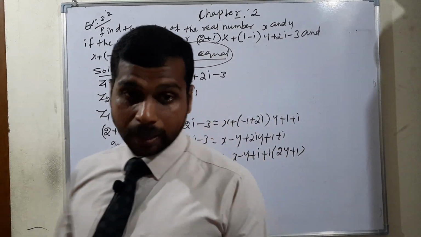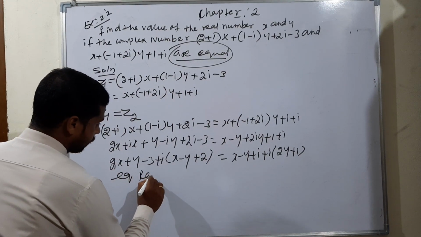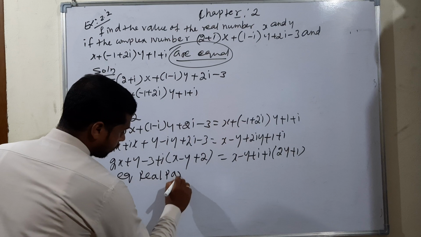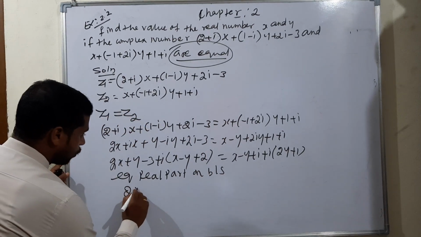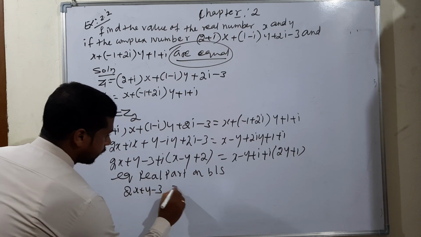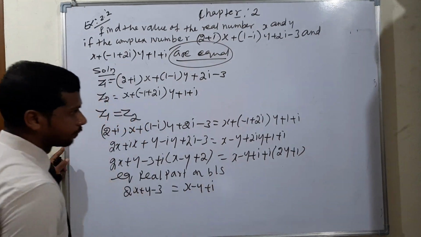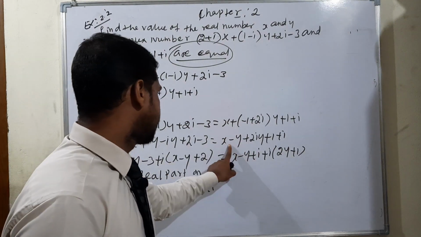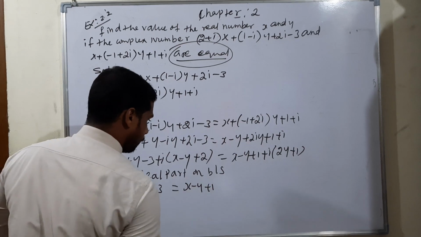Then equating the real part on both sides. What will happen? 2x plus y minus 3 is equal to x minus y. Sorry, maybe this is x minus y plus 1, is it not right? So, x minus y plus 1.